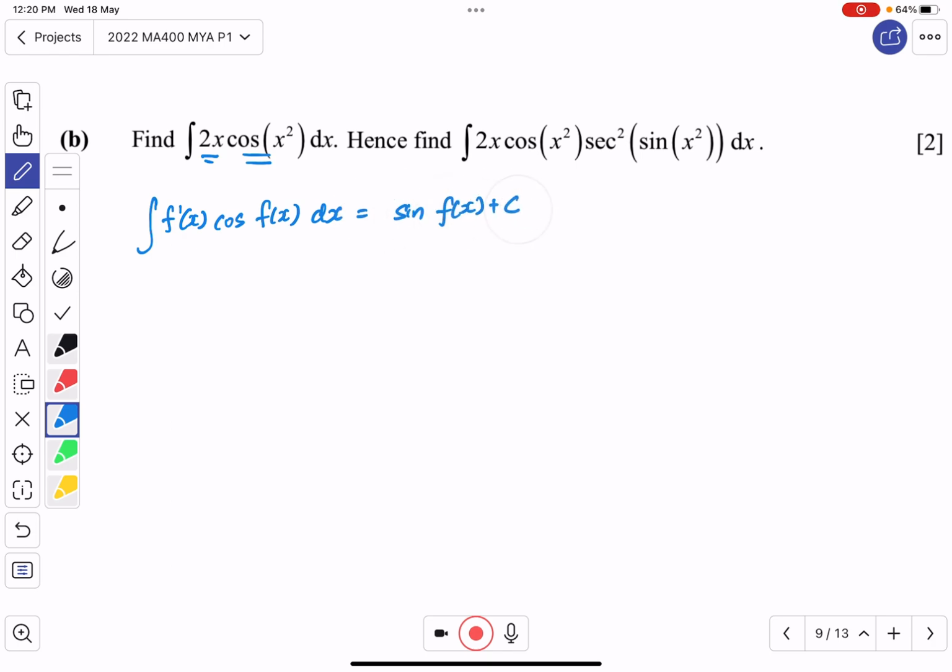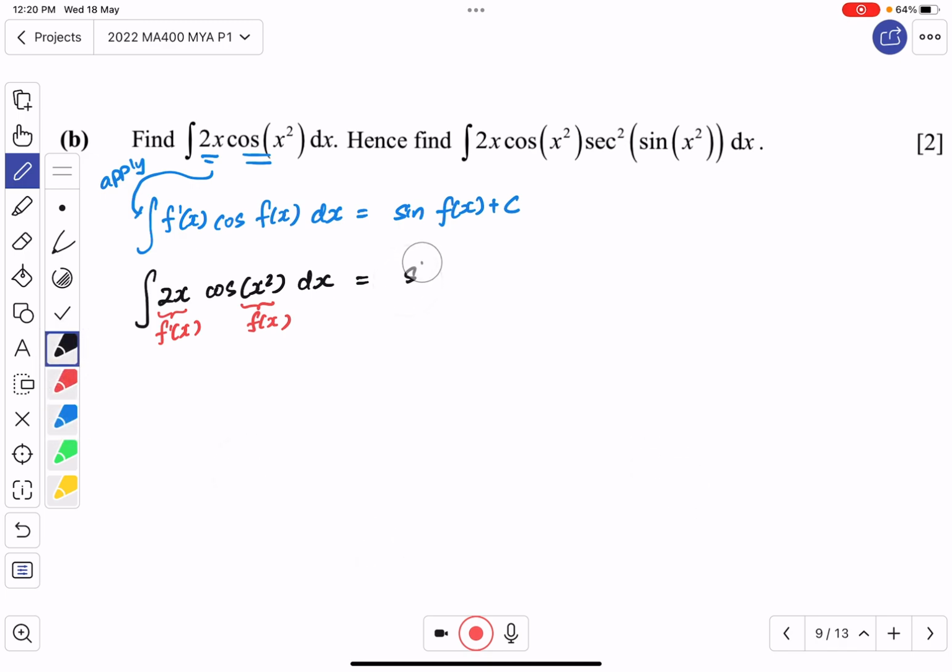If you recognize that this is fx and this is f prime, then what you end up with is immediately just sine of x squared plus c, which is sine of fx plus c.